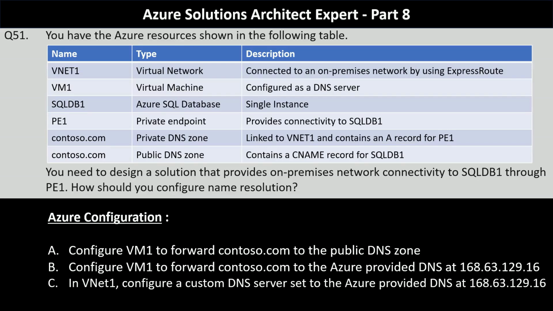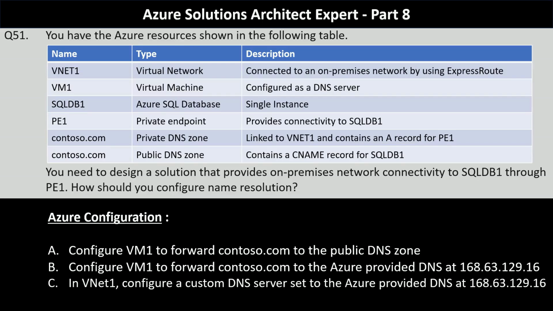And the first part of the question talks about Azure configuration. Your options are: configure VM1 to forward contoso.com to the public DNS zone, configure VM1 to forward contoso.com to the Azure provided DNS at 168.63.129.16, or in VNet1, configure a custom DNS server set to the Azure provided DNS at 168.63.129.16.